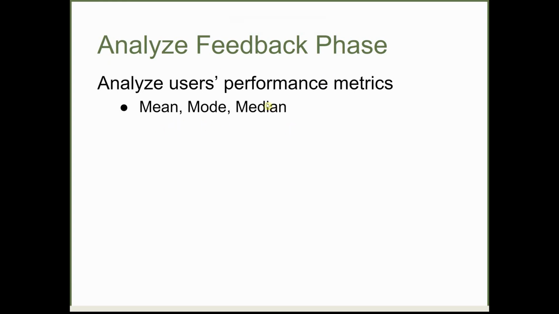For example, on average it took users 15 minutes to complete this task. On average, people make 3 errors while completing this task. Or on average, 5 errors were made in every 10 minutes. So you'll report the mean, mode, or median of the performance metrics that you collected.